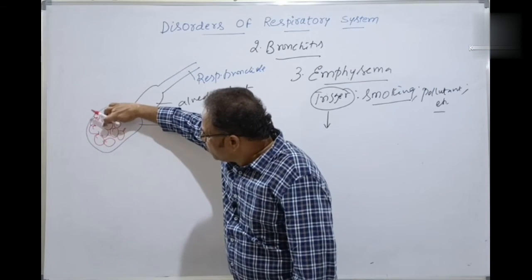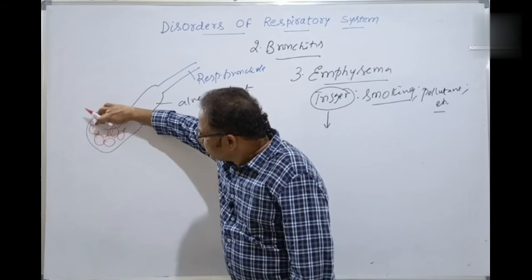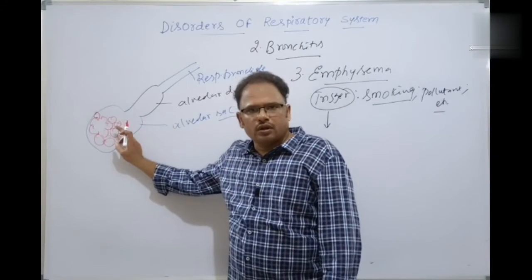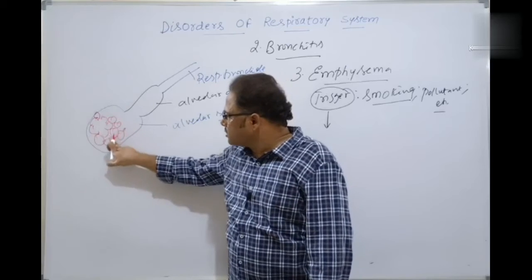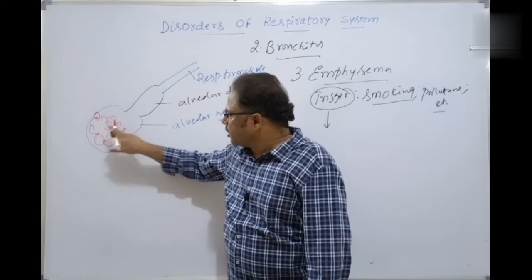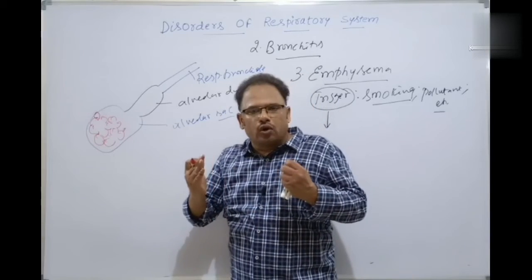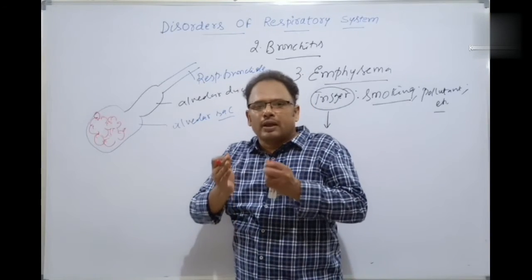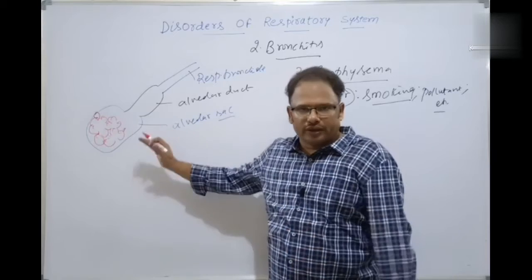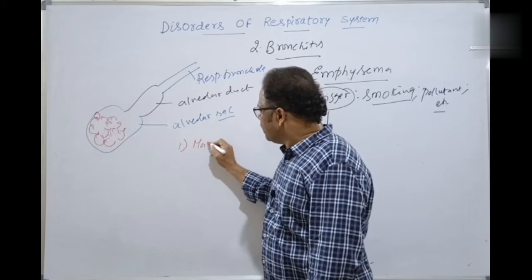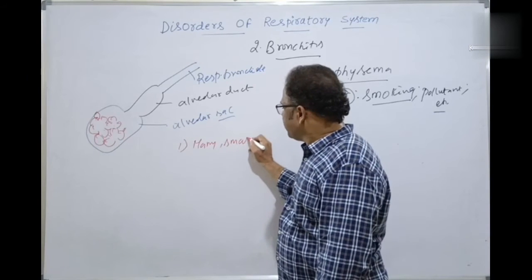Many alveoli here, their walls are destroyed. As a result, there is a coalescence of the alveoli. Okay, there is a coalescence of the walls here, like this. So instead of many smaller alveoli, they become bigger but fewer alveoli. That is, many small alveoli to which one?